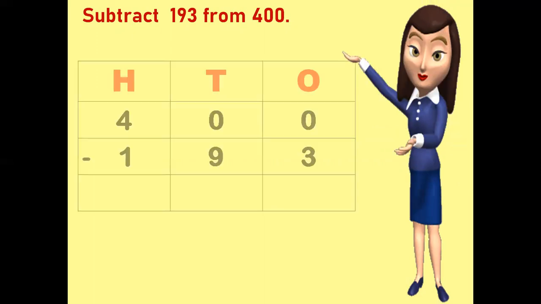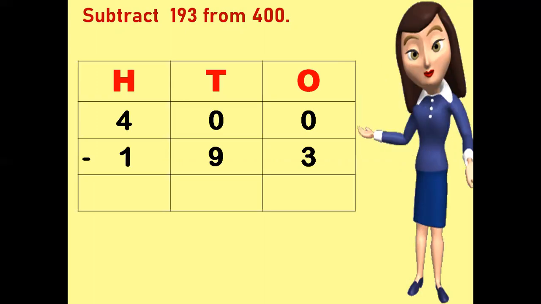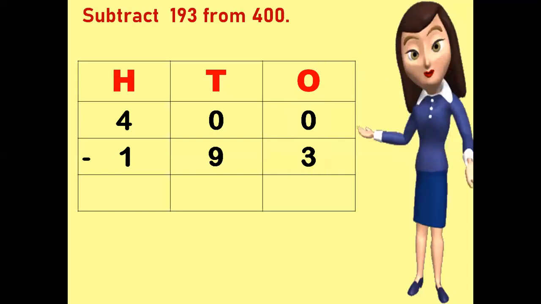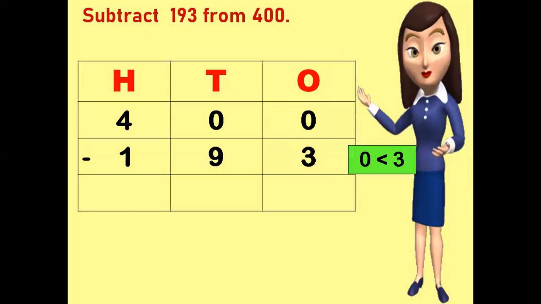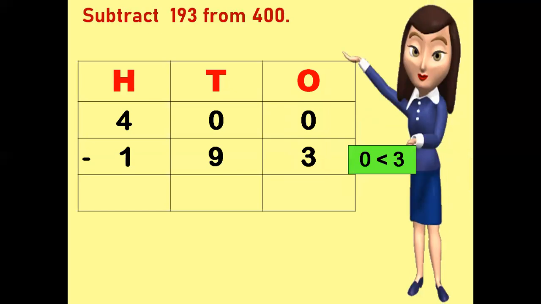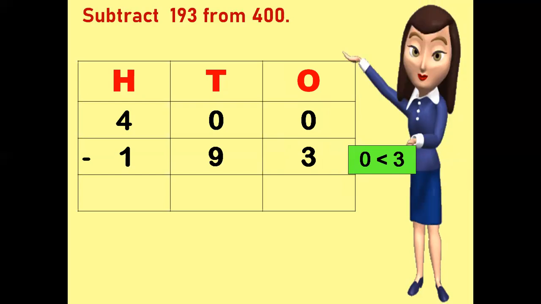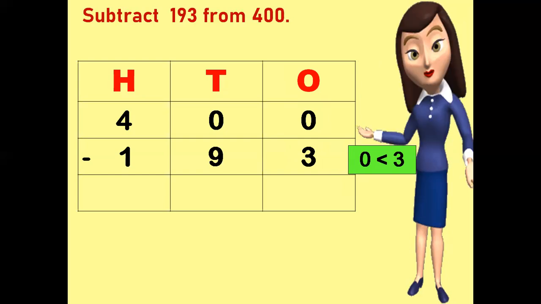Now start subtracting ones from ones. Here we see 0 is less than 3. So 0 has to borrow 1 ten from the 0 tens. But also it is not possible. So what will we do?